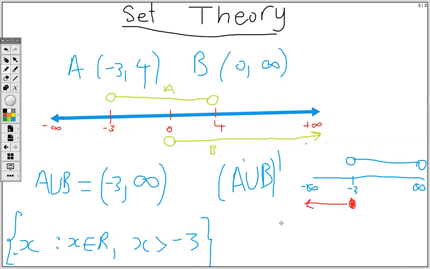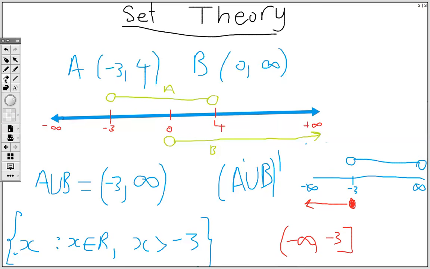So it means as an interval, this is minus infinity, and this is -3, but we close that -3 and open at negative infinity.